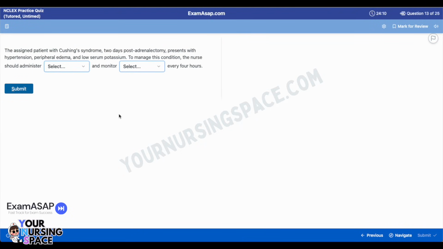The assigned patient with Cushing's syndrome 2 days post-adrenalectomy presents with hypertension, peripheral edema, and low serum potassium. To manage this condition, the nurse should administer placeholder 1 and monitor placeholder 2 every 4 hours.